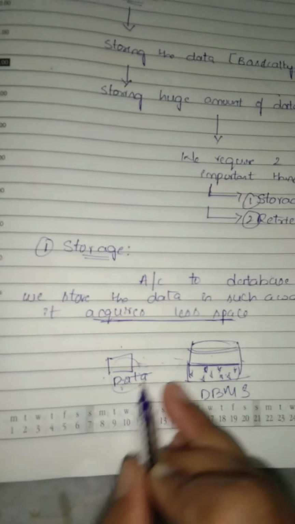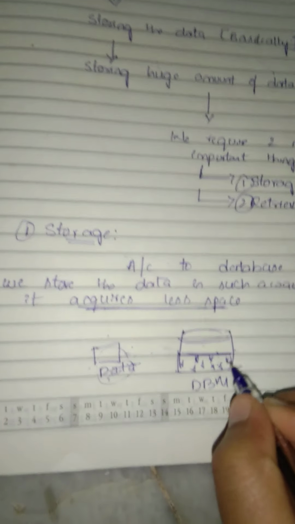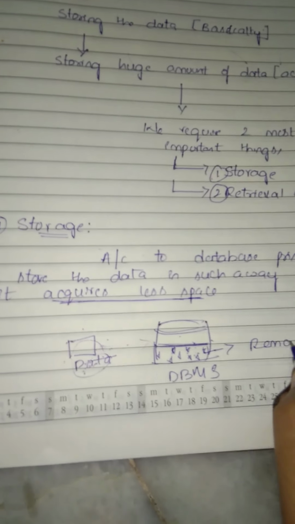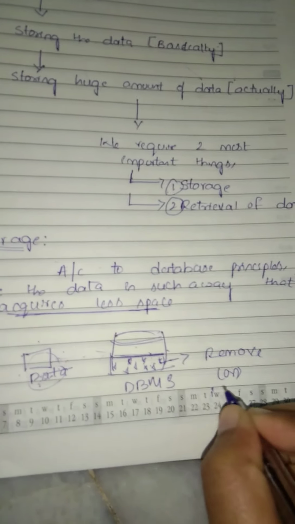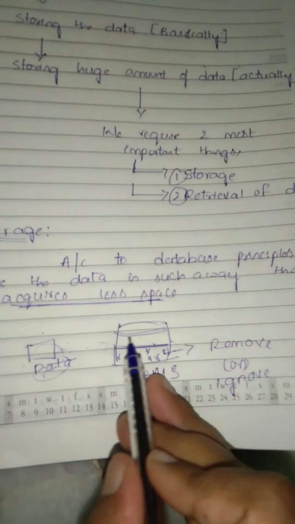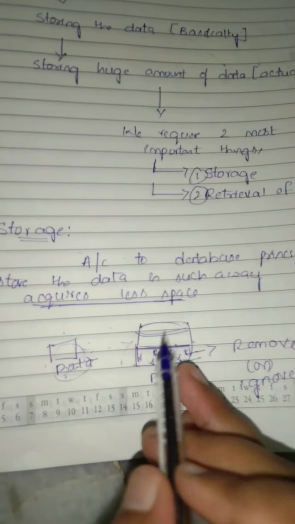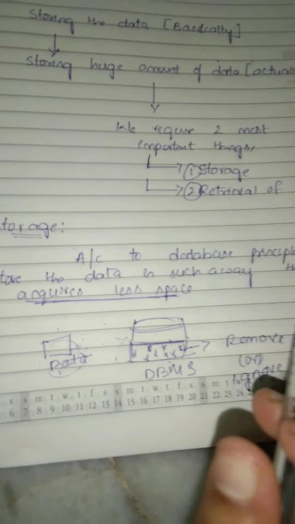To store the fresh data into the DBMS, we need to remove or ignore all this previous data. After the removal of the previous data, the fresh data can be stored into the DBMS. So this is the process.